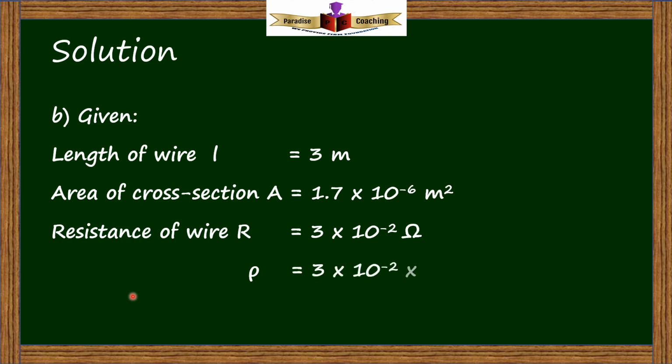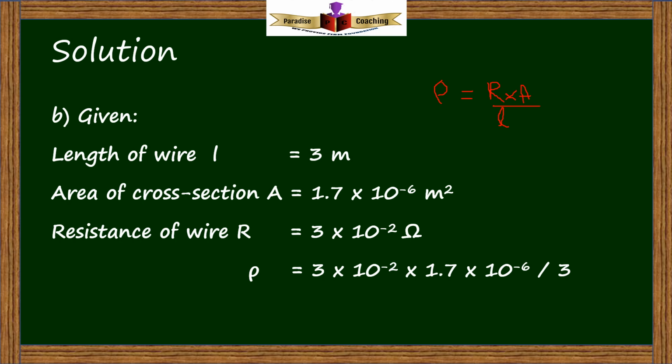So we just substitute. For you to recall, what was the formula? Rho equals R into A upon L. So we just substitute the values for R, for the area of cross section, and the length, as you can see here.